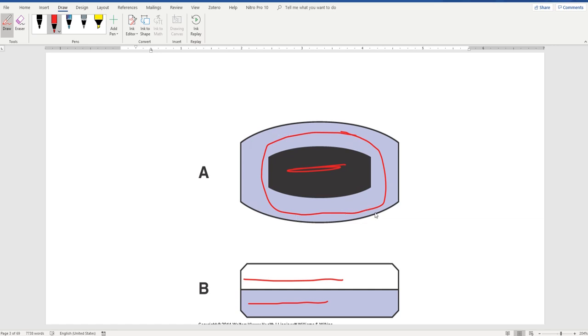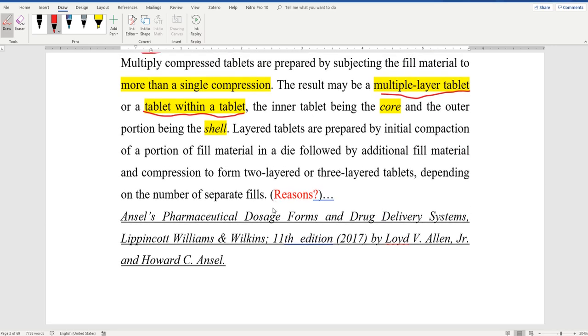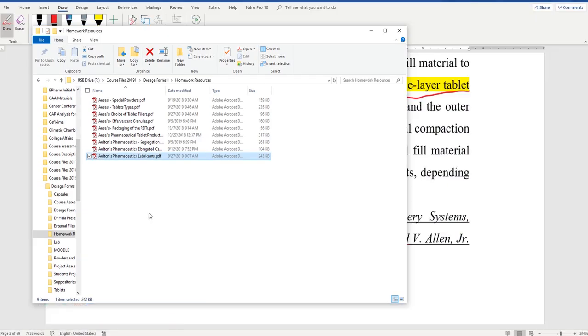Now the question, and it's also a homework, is what are the reasons for preparing such tablets? Why do we need to prepare such tablets? The answer you will find in the following resource which I uploaded to eMoodle.